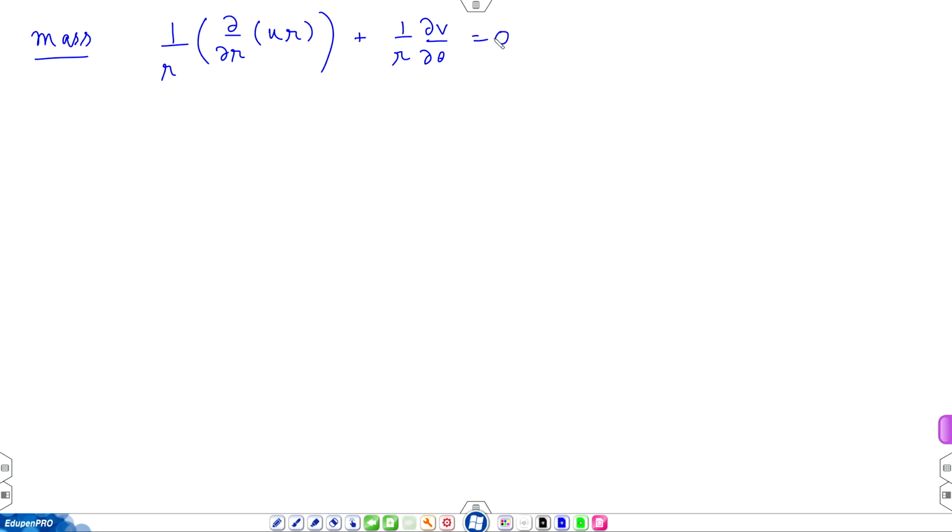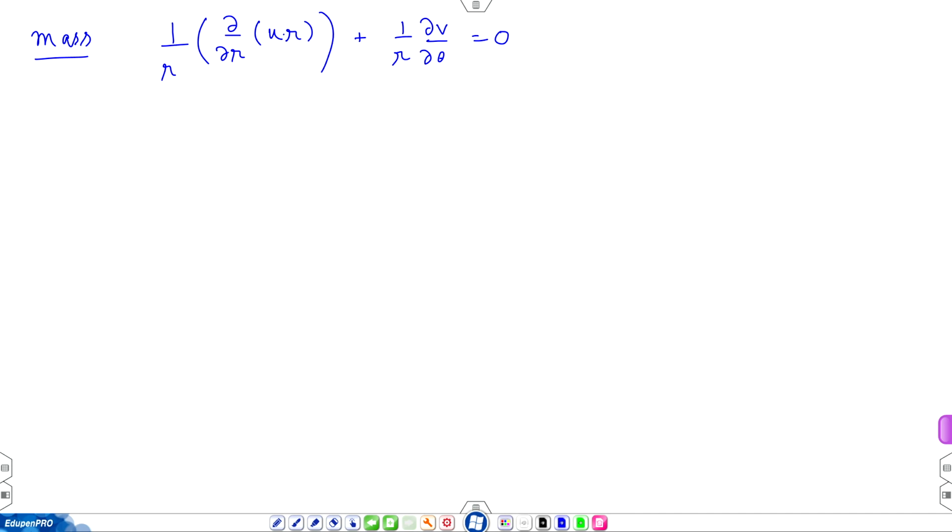This is the mass balance. This is u into r. So, this is the mass balance equation.